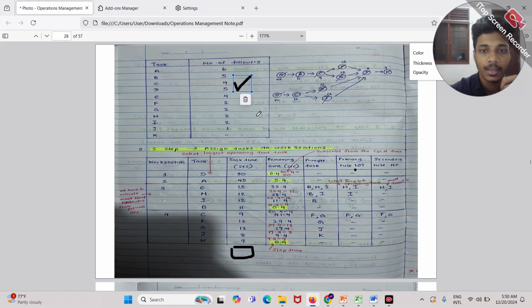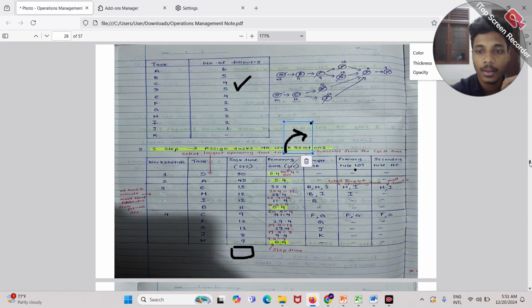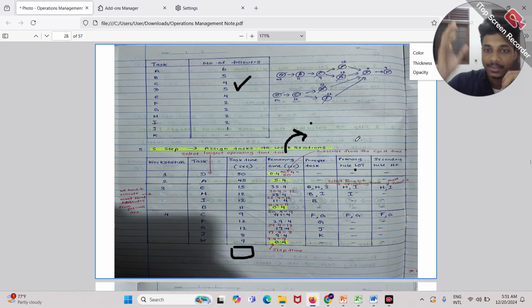Here we are following the longest operating time task rule. This is the primary rule. It means we select the task with the longest task time.